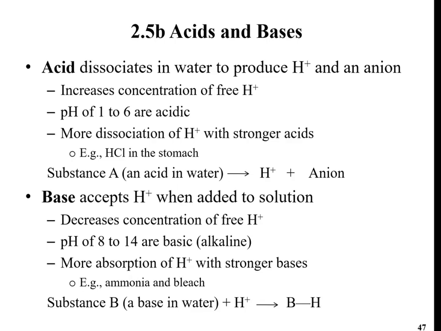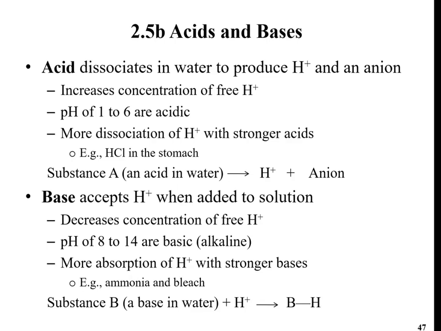All right, acids and bases. This is a lot to take in, but we'll get through it, hopefully pretty straightforward. An acid dissociates in water to produce hydrogen ions and a correlating anion. It increases the concentration of free hydrogen ions that are available to interact with other molecules.